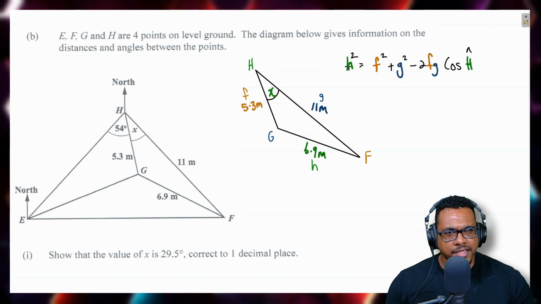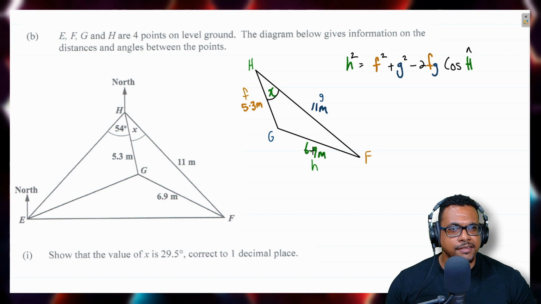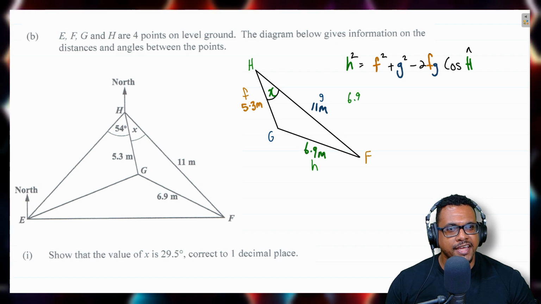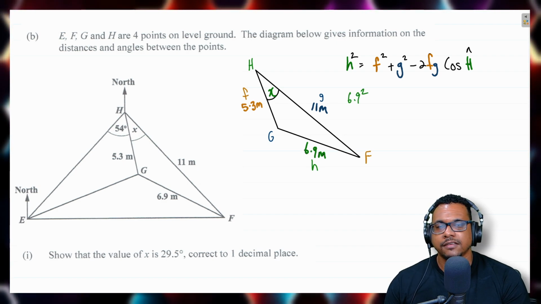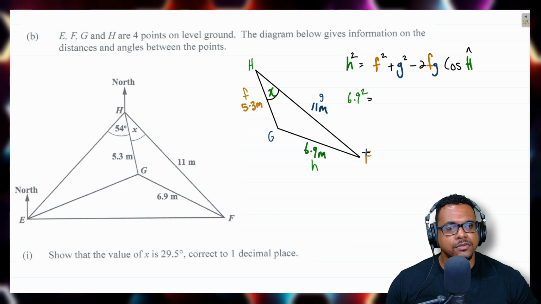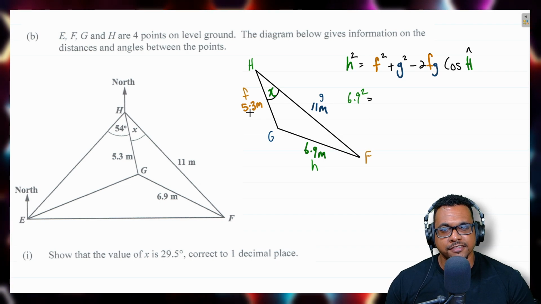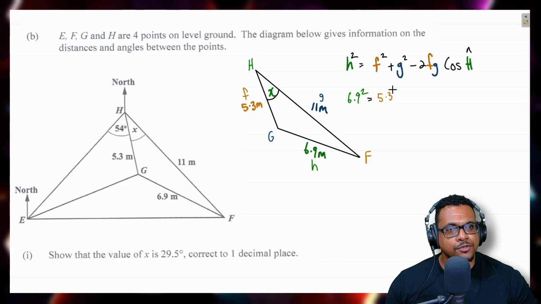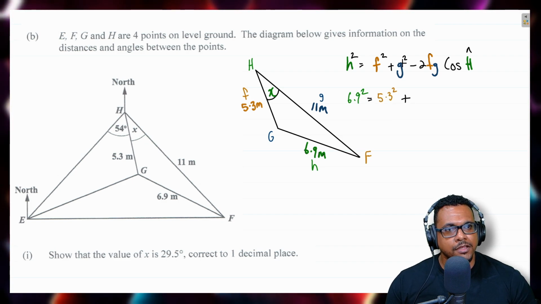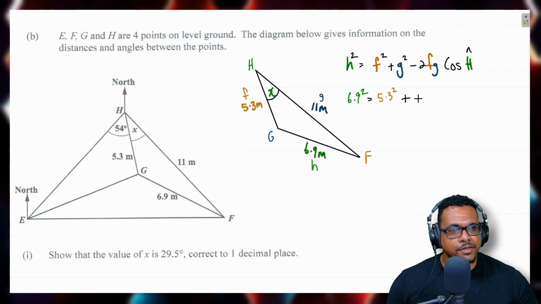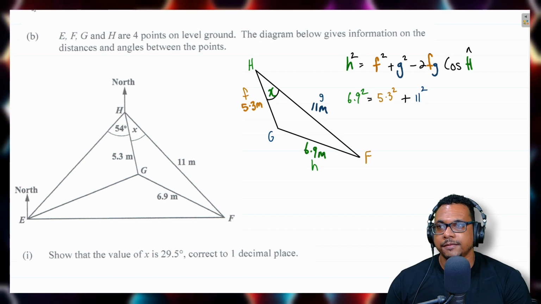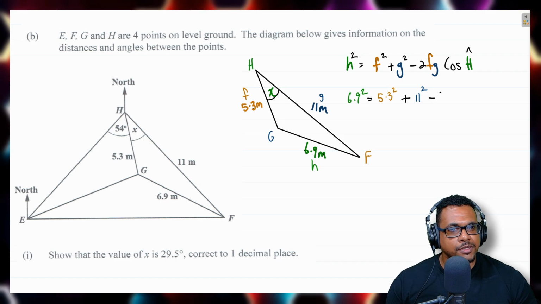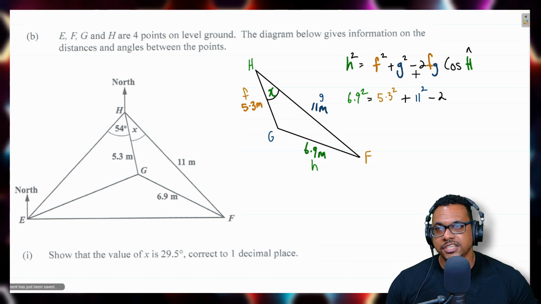All right, so common H is 6.9, so we're going to have 6.9 squared is equal to, then we have common F, which is 5.3. So we're going to have 5.3 squared plus, then we have common G. Common G is 11 meters, so we're going to have 11 squared, take away 2 times FG.